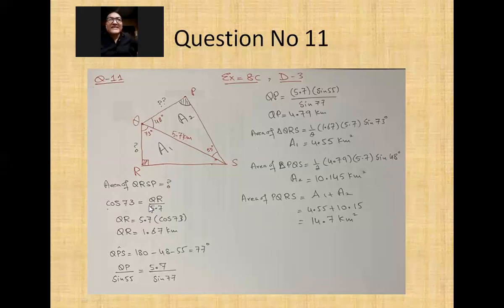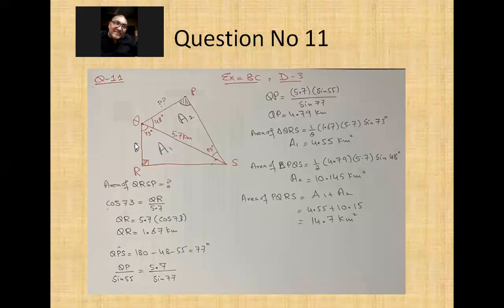So cos 73 will be equal to the base, which is QR, divided by the hypotenuse, which is 5.7. So this 5.7 will go on the other side and it will multiply. So QR will be equal to 5.7 multiply cos 73. In your calculator, you will write 5.7 multiply cos 73 equals, and that will give you 1.67 kilometers. So the QR side is 1.67 kilometers.